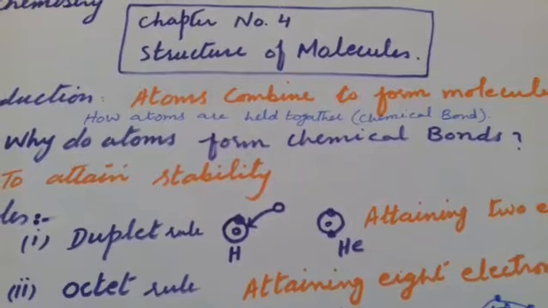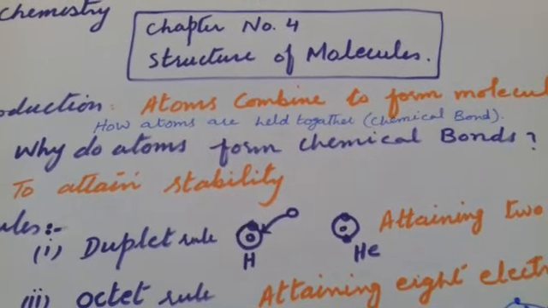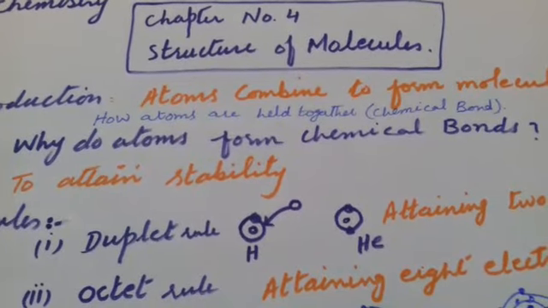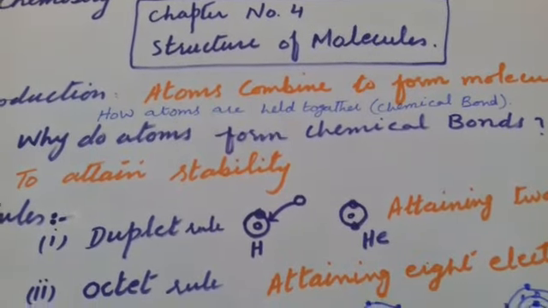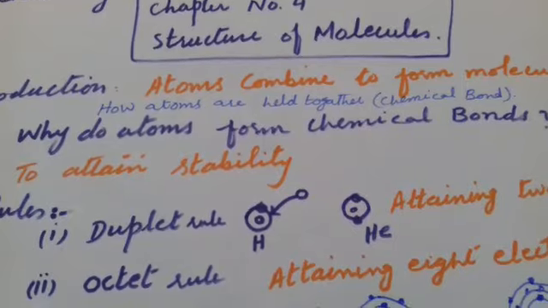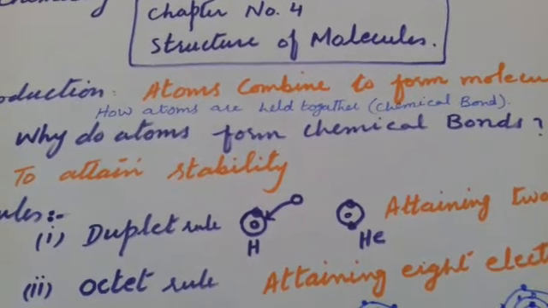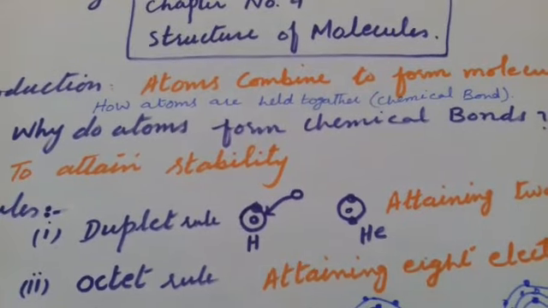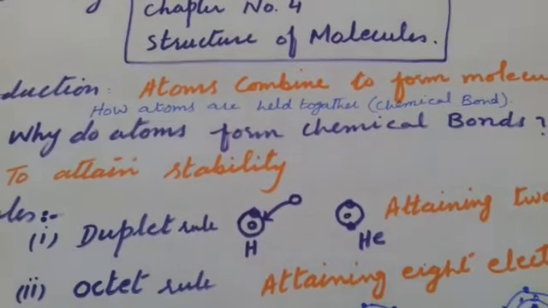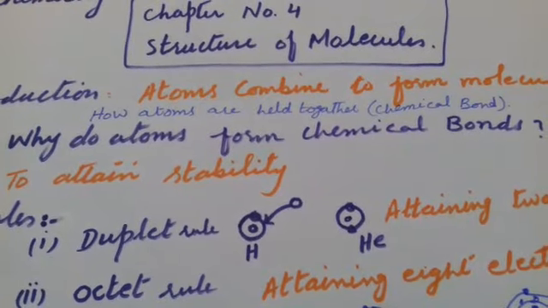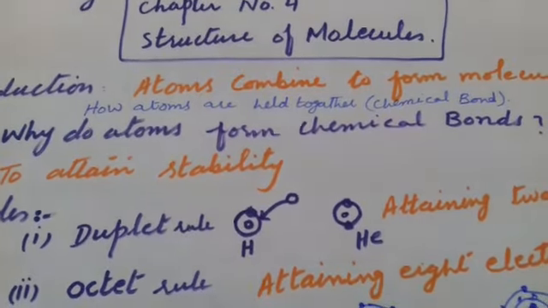Yes, atoms are held together by forces of attraction, which are known as chemical forces or chemical bonds. Now the question arises, why do atoms form chemical bonds? It's a universal rule that everything tries to become stable.